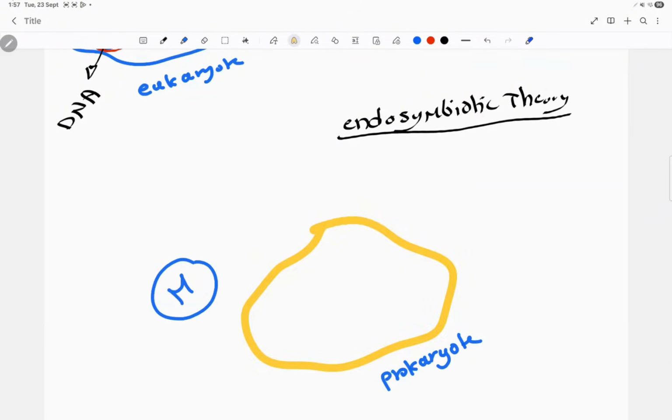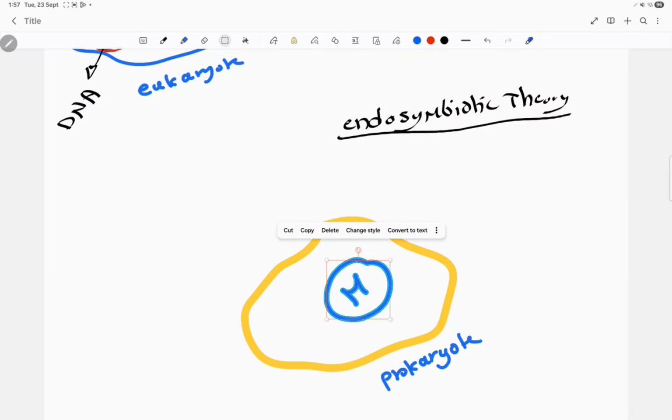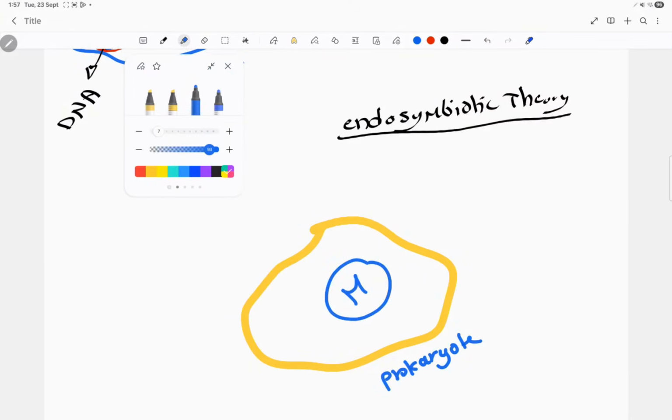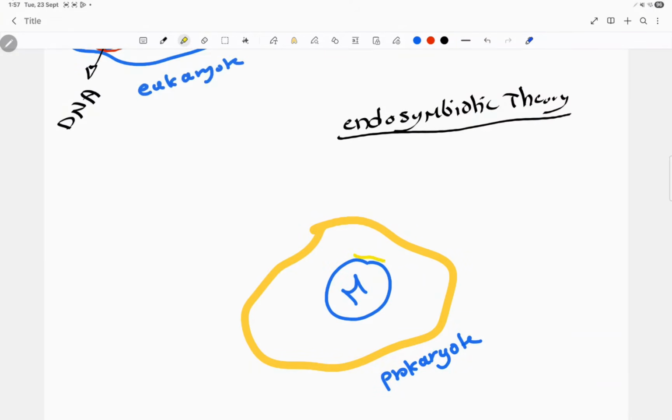Now when we engulf this, it will acquire a part of it, and now it's going to have this additional membrane. And now it has two membranes. One from the bigger prokaryote, one from itself.